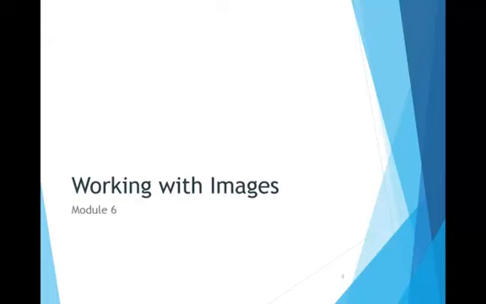Next, let's talk a little bit about working with images. A web page with all text and no pictures isn't very dynamic or interesting, and the web's explosion into mass popularity is due in part to the fact that there are images on the page. Before the web, the internet was really just a text-only static environment.